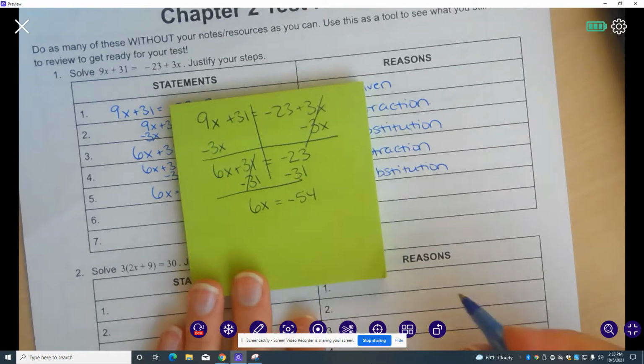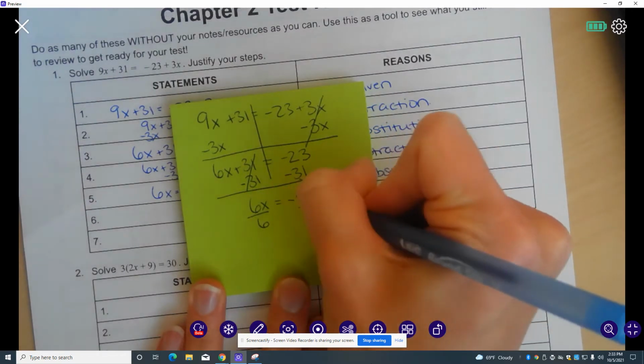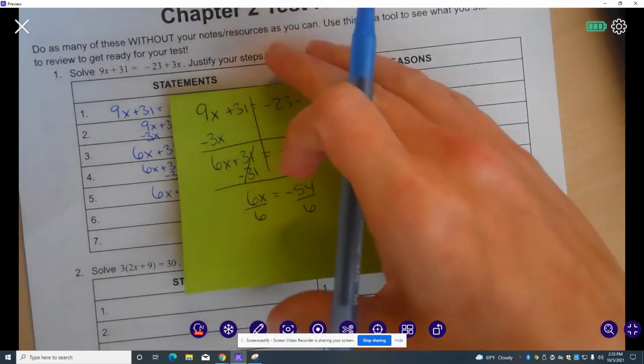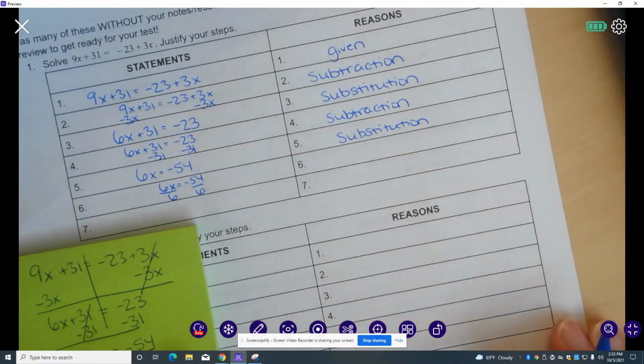Okay. I'm getting close. To get x by itself, I have to undo this multiplication by 6. So I'm going to divide both sides by 6. Stop. Put that in your proof. Rewrite the equation. Divide both sides by 6.